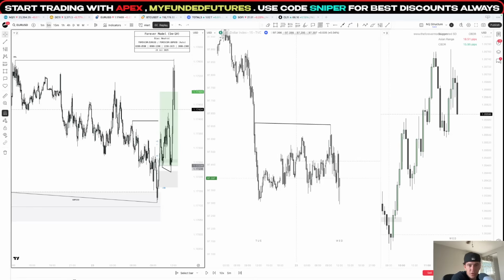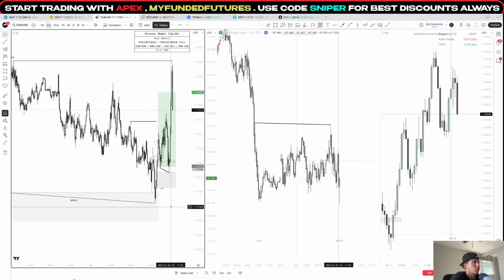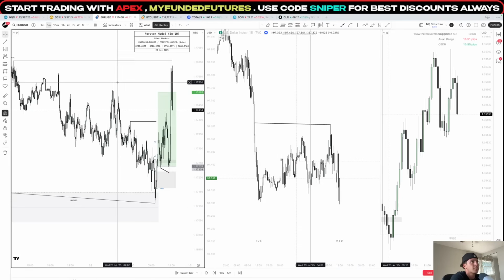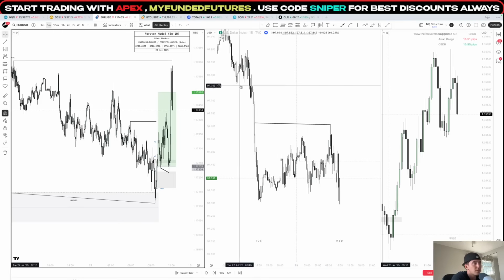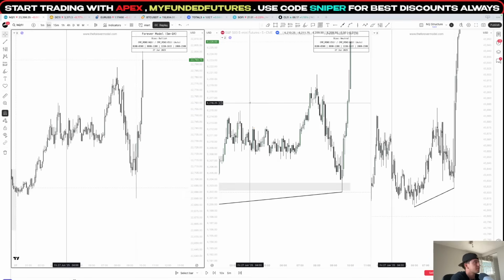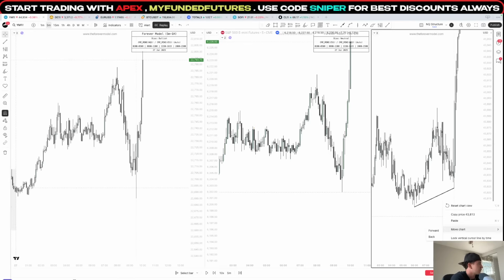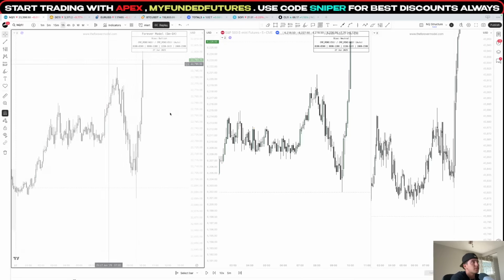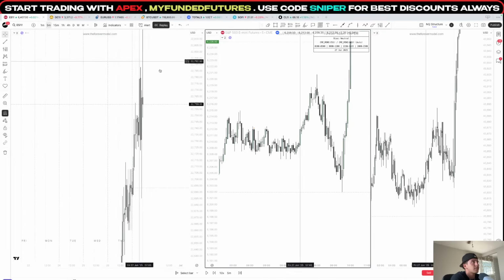I could show one more example here that was very, very clean. That shows the inverse fair value gap and the order block as well, because they always pair super, super nice. This was June 18th.